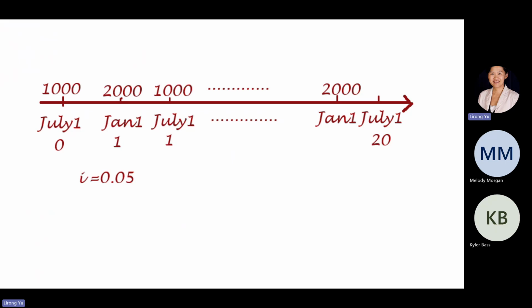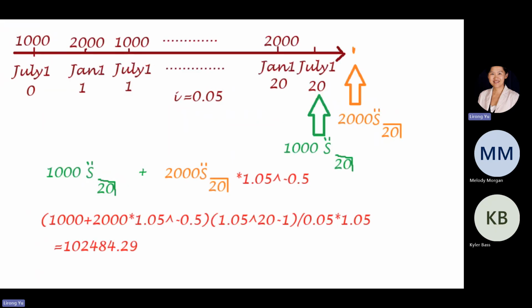Right, and there's the 2,000 payment. The interest rate is 5%. So we want to find the total future value at time 20, July 1st. Realize that this can be considered as two separate annuities. The one that pays 1,000, 1,000, 1,000, I'm using 1,000 times s double dot. S double dot is thinking of them as an annuity due, right? Because each payment is at the beginning of its time frame.